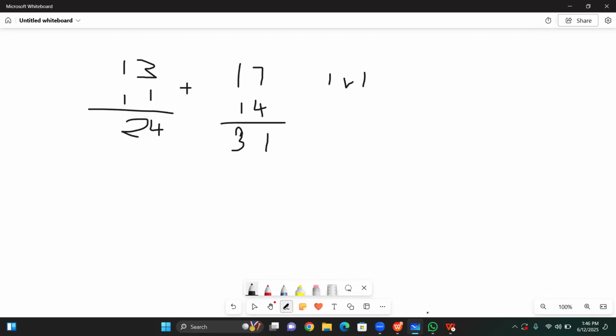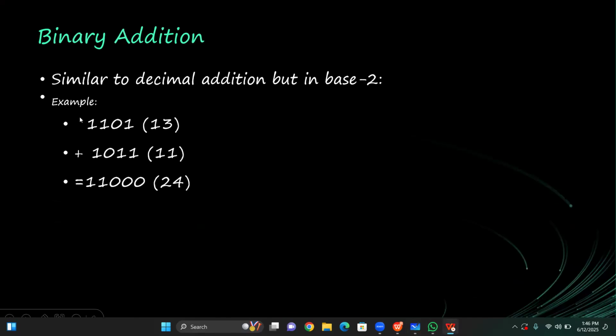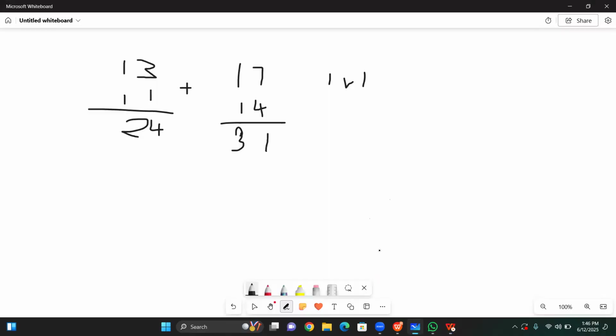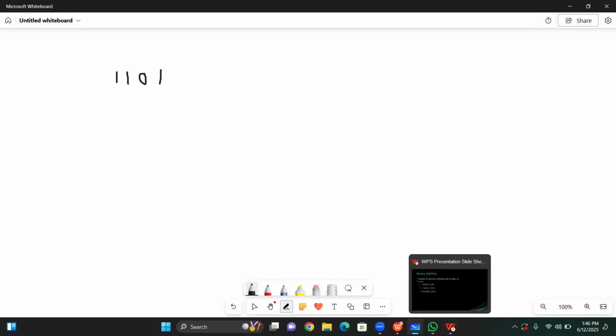Now, if we want to do addition in binary, you say 1101 and 1011. So this is 13. It's almost the same thing as the decimal. It's 1, 1, 0, 1, which is 13.